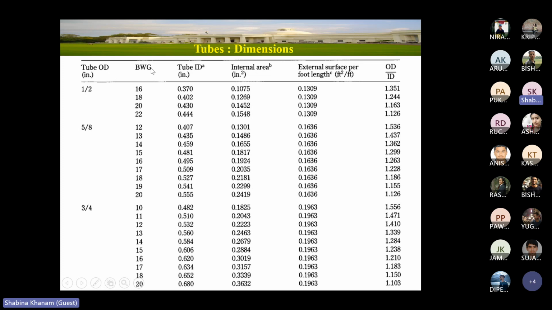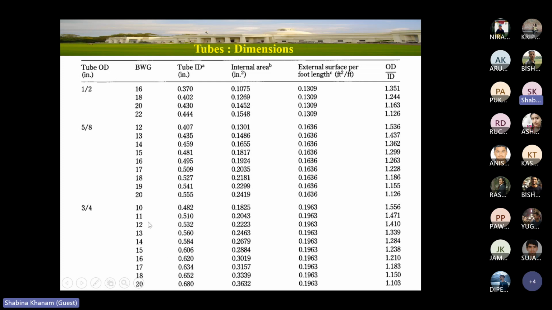So depending upon different BWG values, we have standard tube IDs, and so the internal area and other parameters are given. If you are considering 3/4 as tube OD, you can choose any BWG value, and correspondingly you can choose the tube ID.